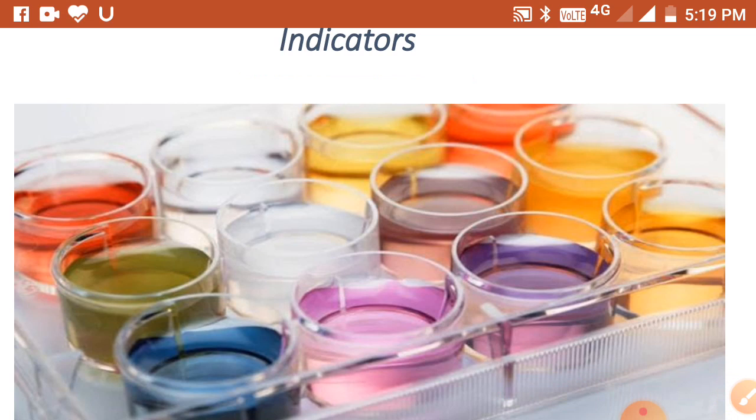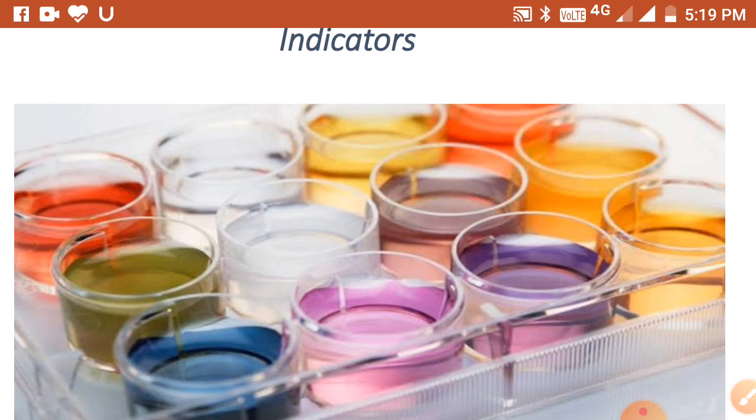All acids are not the same and bases are also not the same, because some acids are weak and some acids are very strong, and some bases are weak and some bases are very strong. So that is the reason all the colors are different here.